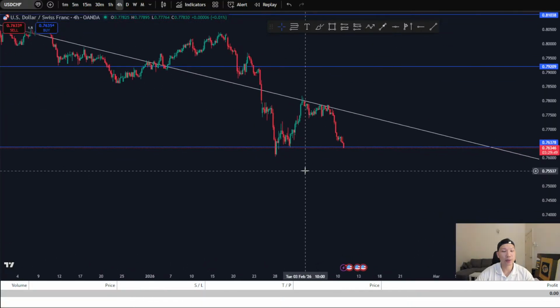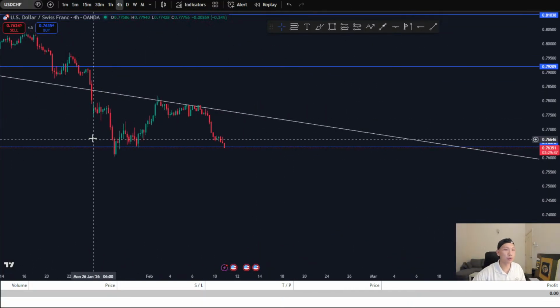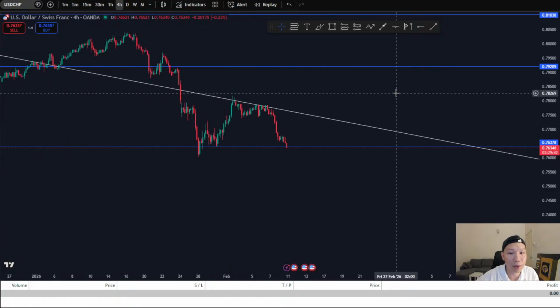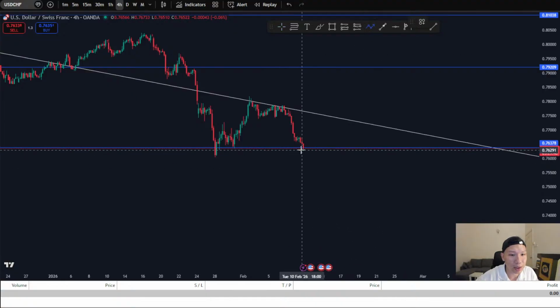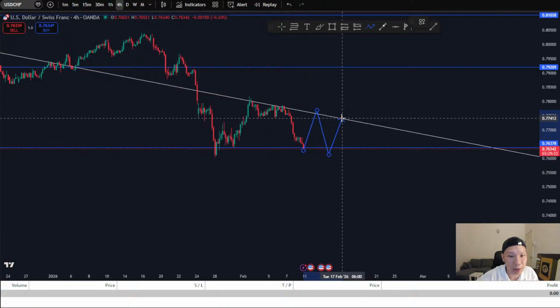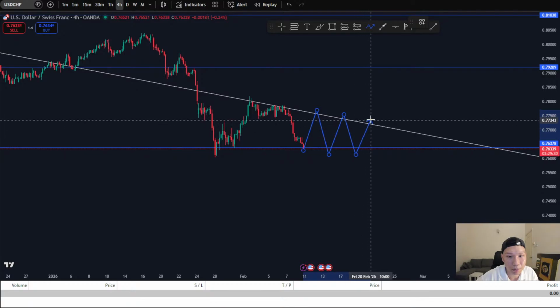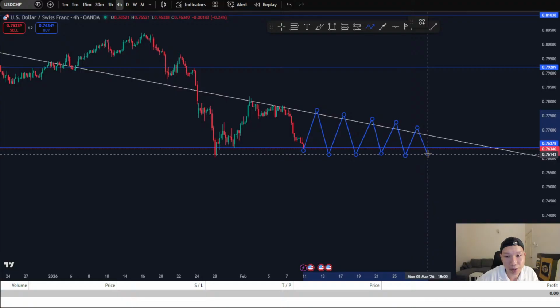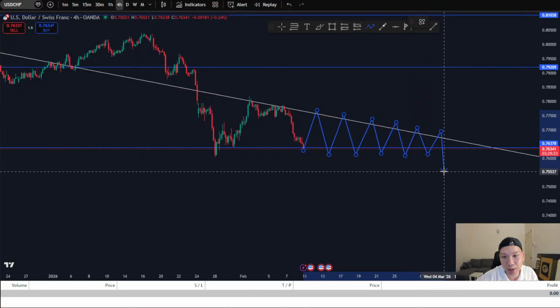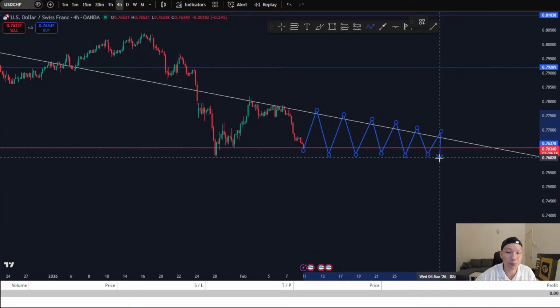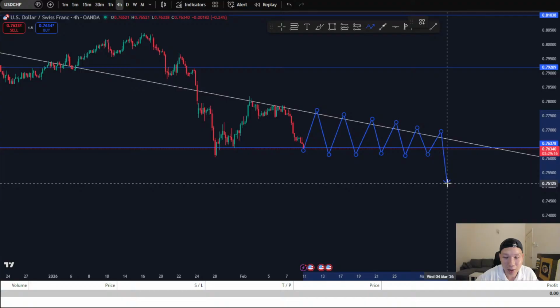Right? So guys, you see, for this situation right here, usually the market will start to play around in this section. It goes up again, goes down again, goes up, goes down, and suddenly, if it has a false break, usually I will assume most of the time it's a false break.